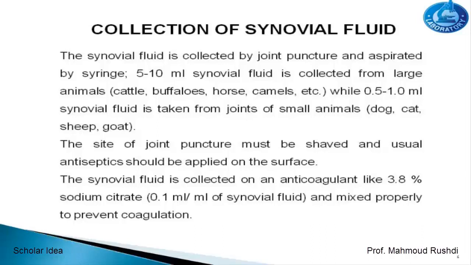The site of joint puncture must be shaved, and usual antiseptics should be applied on the surface. Synovial fluid is collected in an anticoagulant like sodium citrate 3.8% and mixed properly to prevent coagulation.